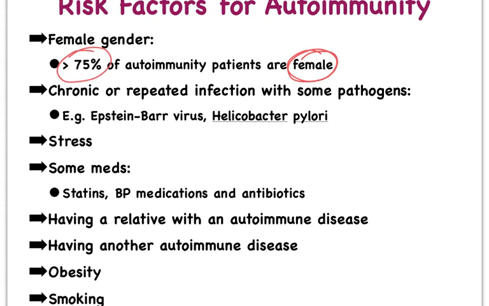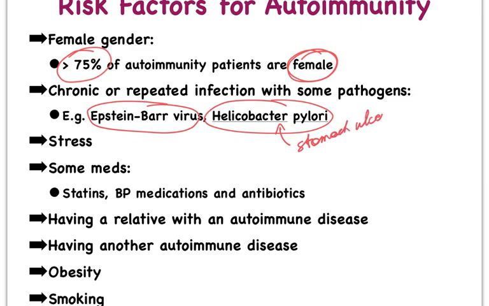But in addition to that, research seems to suggest that when a person is repetitively or chronically infected with specific pathogens, they might develop an autoimmune disorder, like EBV, or the Epstein-Barr virus, and Helicobacter pylori, which we now know is very much responsible for stomach ulcers.